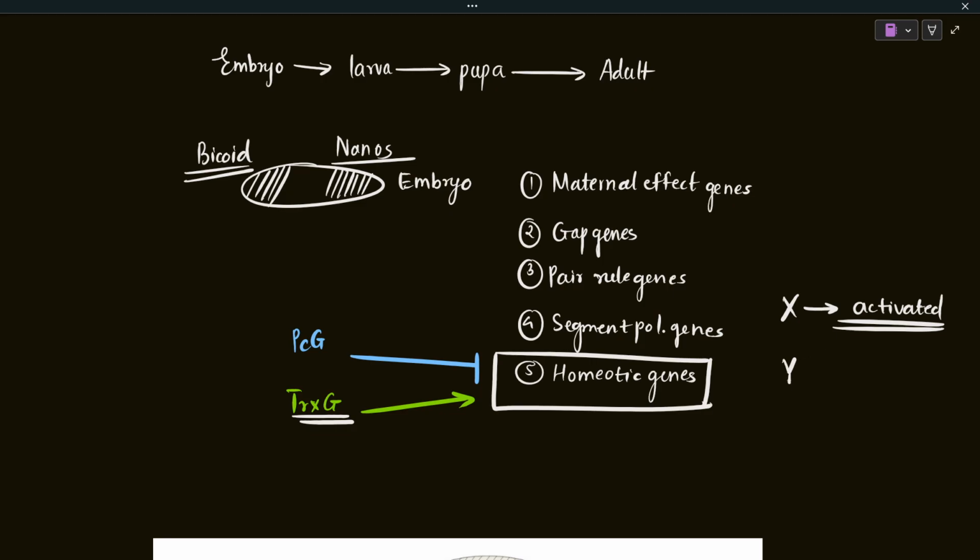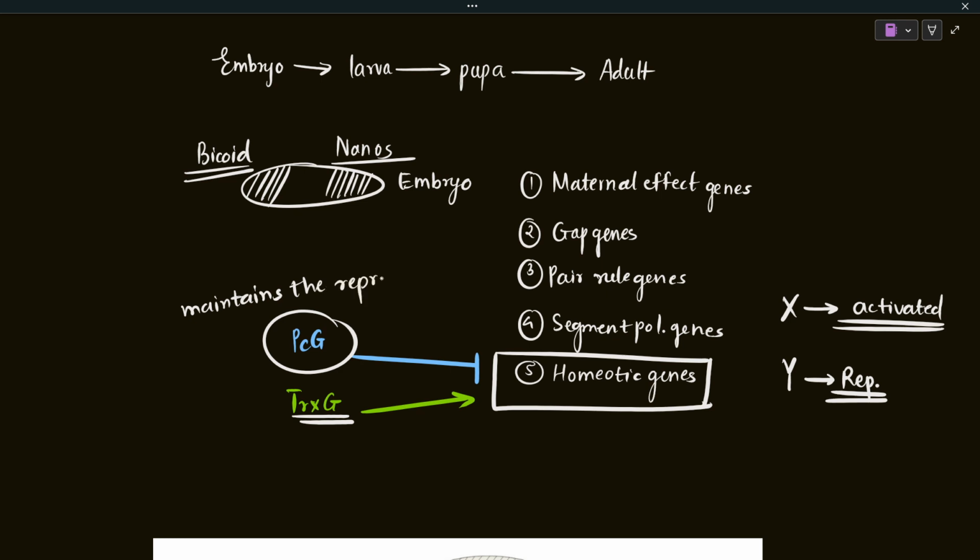While there's a gene Y, and it needs to be repressed during the development. So the repressed state of this gene will be maintained by the Polycomb group of proteins. Mind you, the Polycomb group of proteins does not do the repression of the genes. It maintains the repressed state.